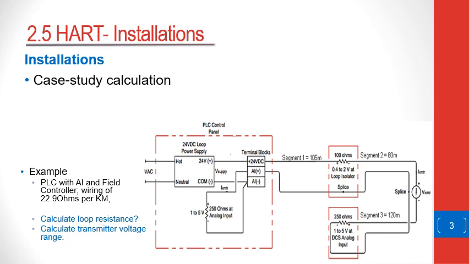So in this case, the big red box with the power supply represents the PLC control panel, and the smaller box at 105 meters away represents the splice where the two wires have been joined with an equivalent resistance of 100 ohms, and then 80 meters later it connects to a field device which is represented as a current source because it's a transmitter device, and 120 meters later we have an analog input.